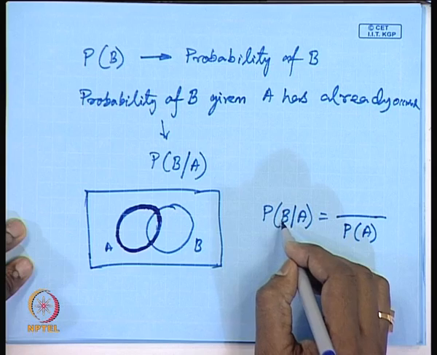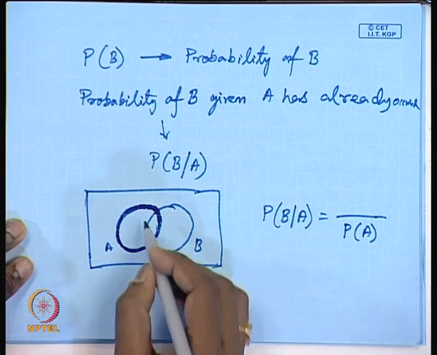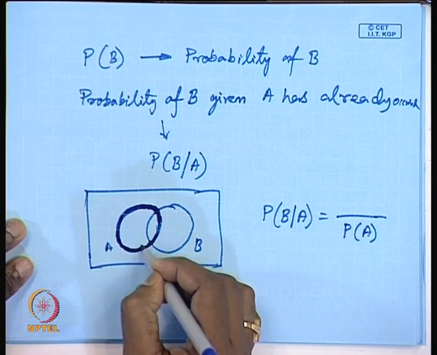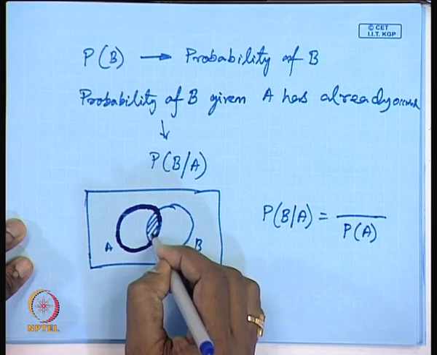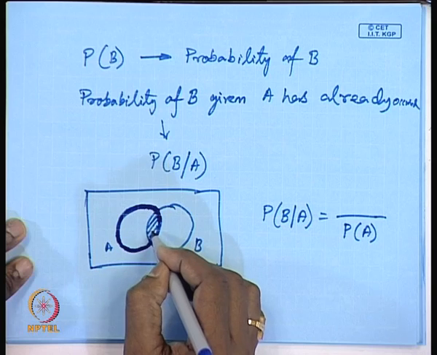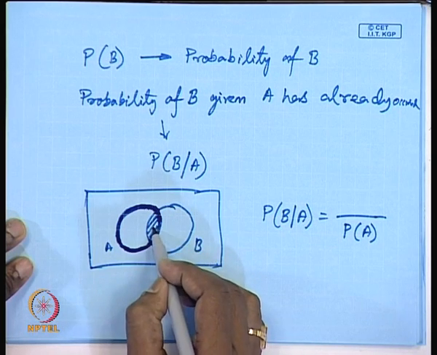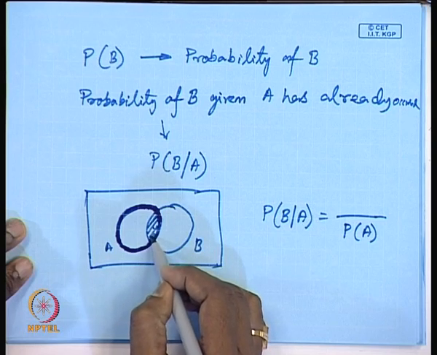Now, what is the probability of B? The success area, being within this area, is nothing but this area. If it is in this area, then we can say that B has also occurred. So, what does this area correspond to?